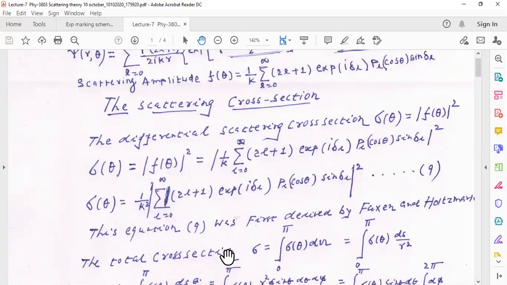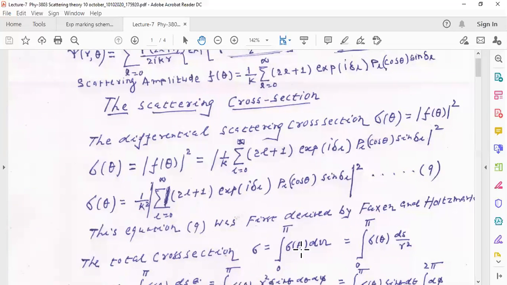Now the total cross section. We have defined the total cross section sigma: you have to integrate sigma theta over the solid angle d omega, right? And you see that theta changes from 0 to pi. It's a polar angle. I explained the geometry of scattering in my first lecture, and I told you how theta varies, how phi changes, and I also explained the physics of angle theta and angle phi.